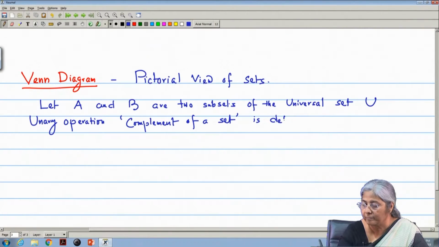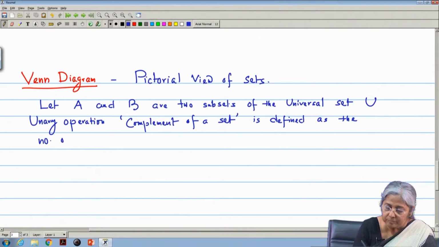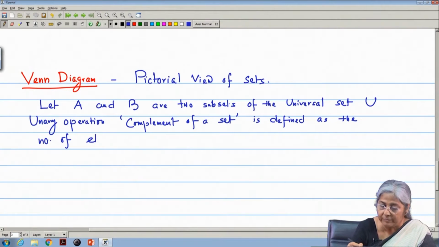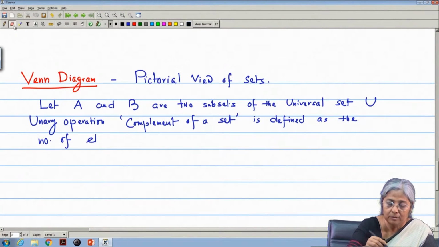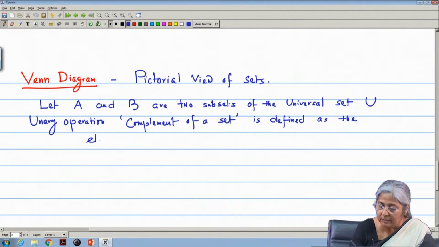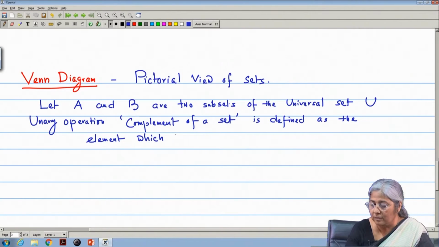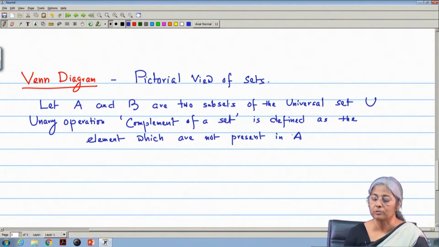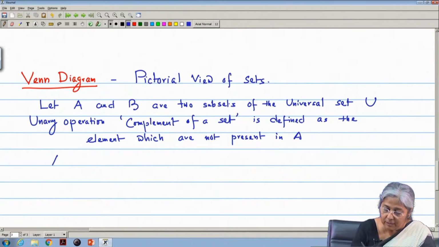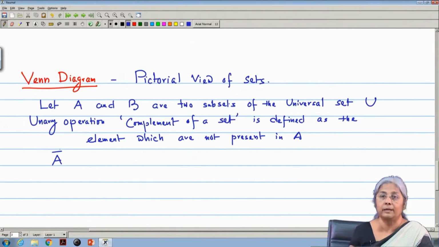It is defined as the elements which are not present in A. Normally we denote the complement of A as A complement.